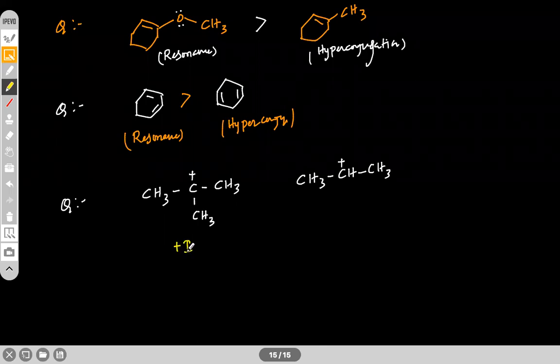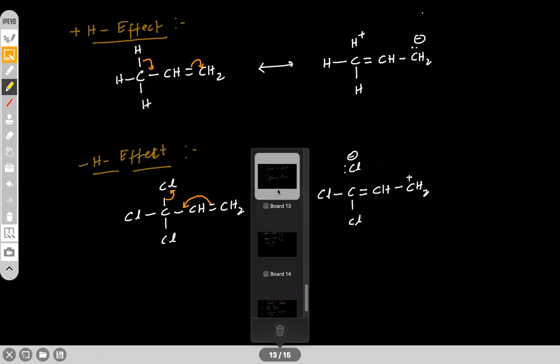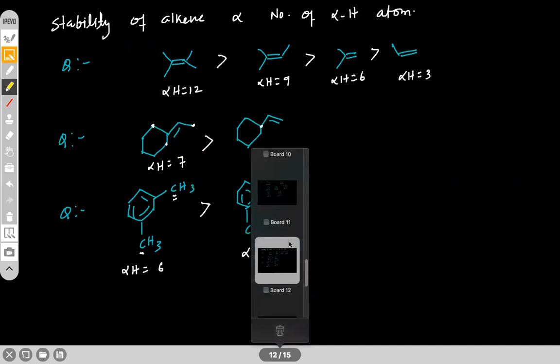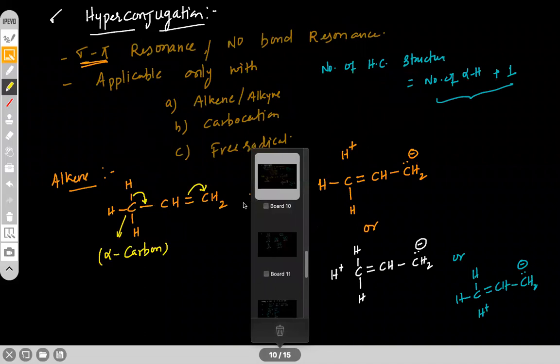Do we have hyperconjugation? We have alpha hydrogen. You see, carbocation, alpha hydrogen we have here. See this: alkene, alkyne, carbocation, free radical.